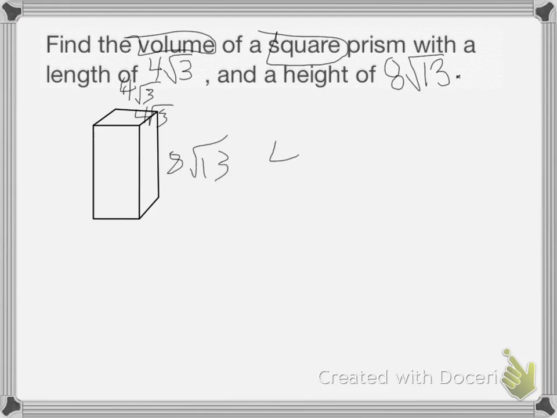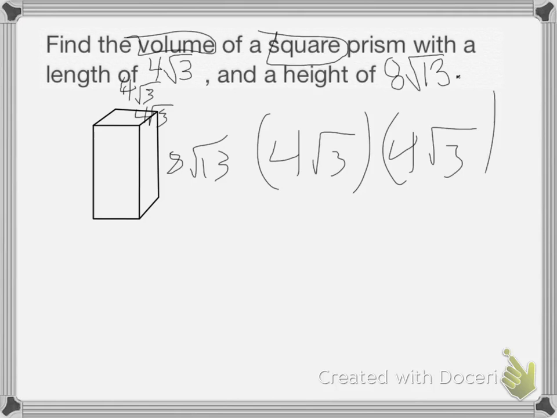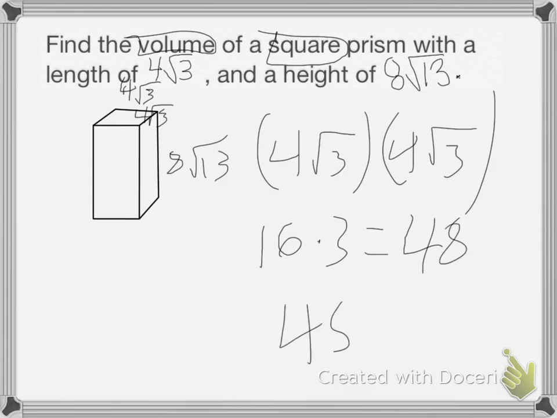So you do 4 square root of 3 times 4 square root of 3, which is 16 times 3, which is 48. And then you do 48 times 8 square root of 13.